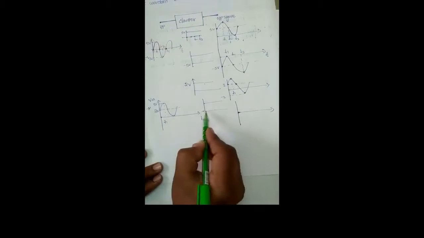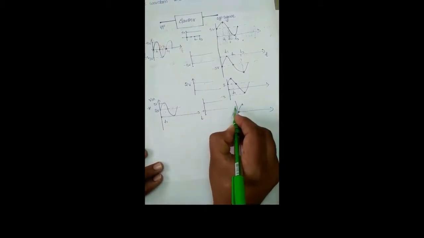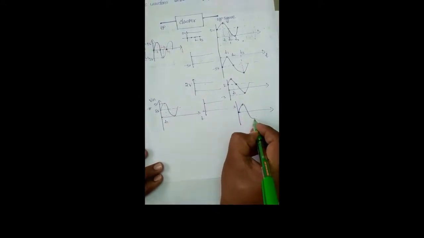Okay, so 5 volts and minus 2 volts gives 3 volts. Similarly, at t equal to t3 instant also, it has 0 volts, and it has minus 2 volts, so it goes to minus 2 volts. So in this way, the clamper circuit can reinsert this DC signal.